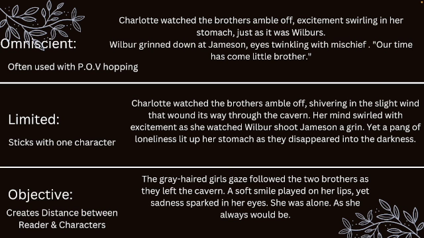And now for our final one, objective. This one is very hard to use. I can't say I have ever read a book with the objective point of view. We have omniscient, which is all-knowing. We have limited, which is one character. And we have objective, which is a stranger watching your characters. That's the best way to describe it. If your characters were sitting on a bench talking, it would be like the old man sitting on another bench watching them.